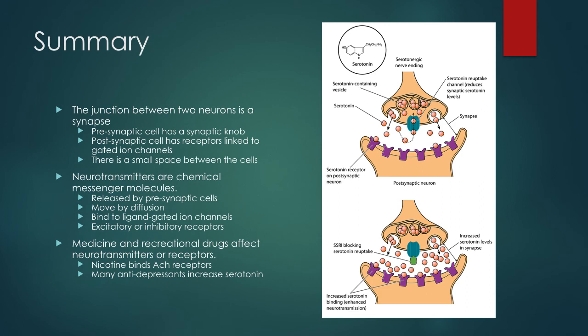They bind to ligand-gated ion channels, and they can excite or inhibit cells depending on the types of receptors. Medicine and recreational drugs affect neurotransmitters or receptors. Good example, nicotine binds to acetylcholine receptors. Many antidepressants affect serotonin levels by causing serotonin to linger longer in the synapse by blocking its uptake.